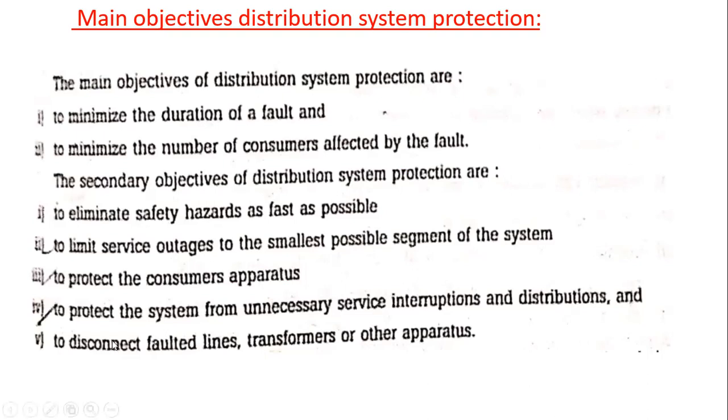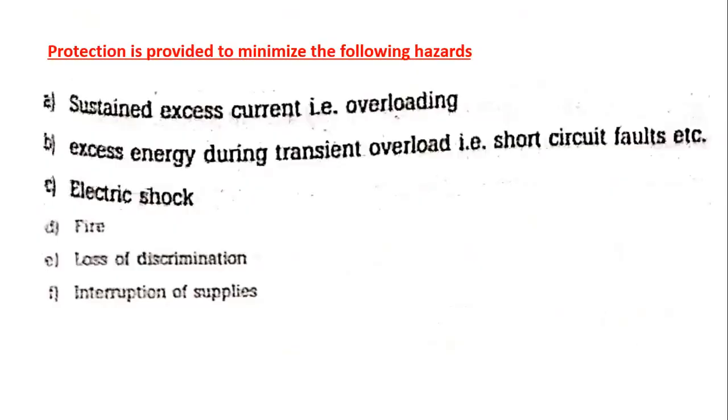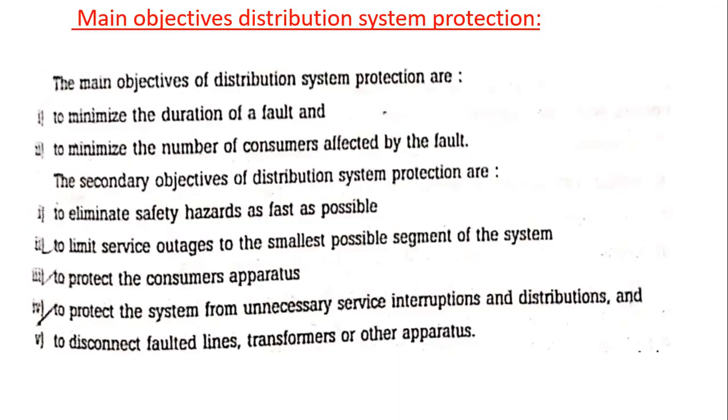And to disconnect the faulted lines, transformers, or other equipment. If any faults occur in the transformers or any other equipment, then that equipment will be disconnected from the system. These are the secondary objectives of distribution system protection, and those are the primary objectives.